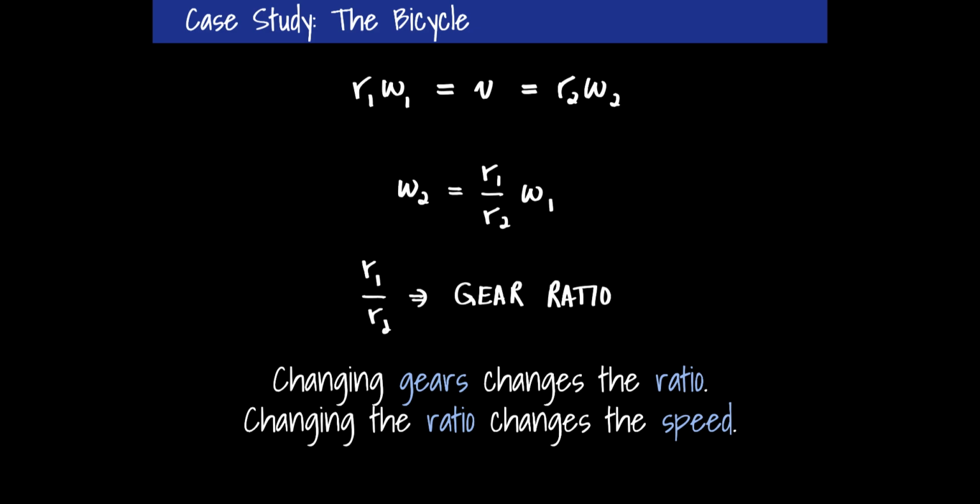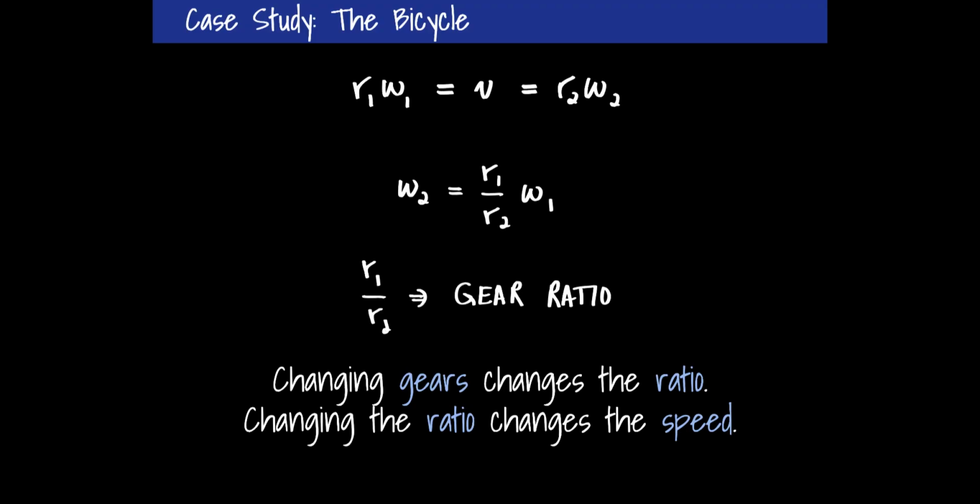This is my cadence. This angular speed is my personal frequency of pedaling. And it gets multiplied by this ratio, which is called, I know a term you've heard before, the gear ratio. The gear ratio, the radii of the gears.